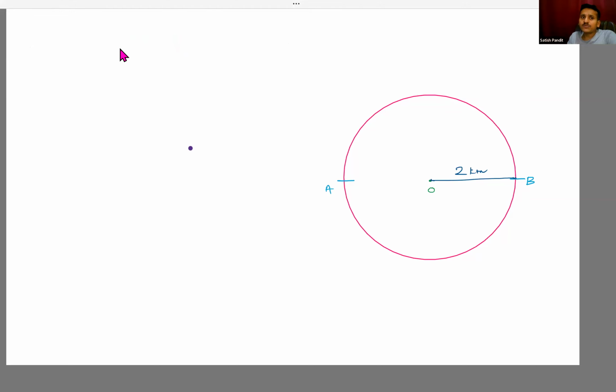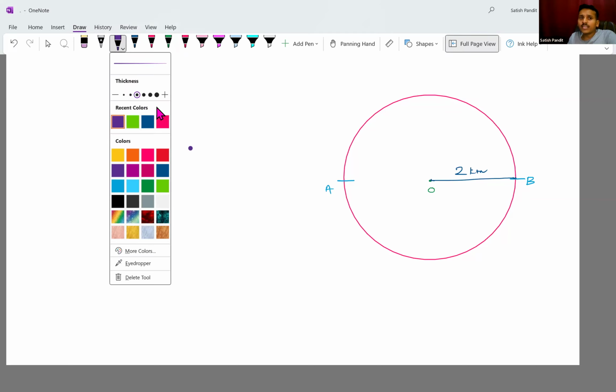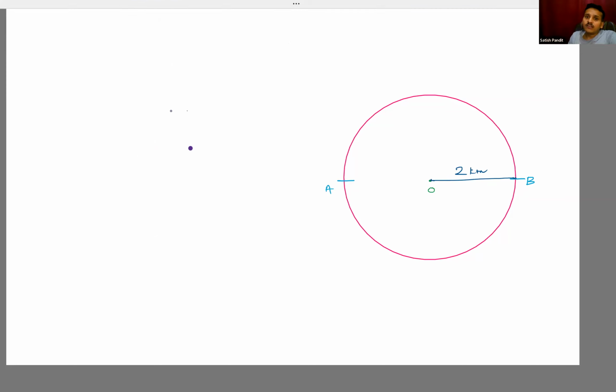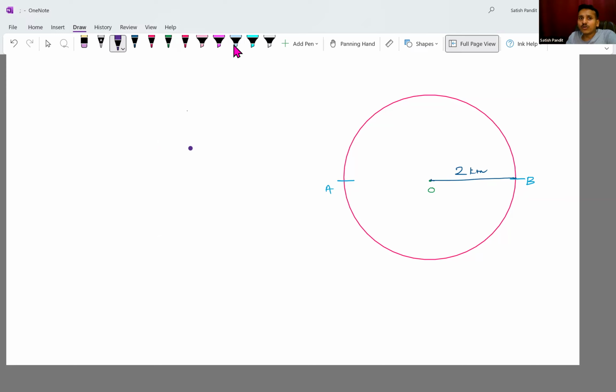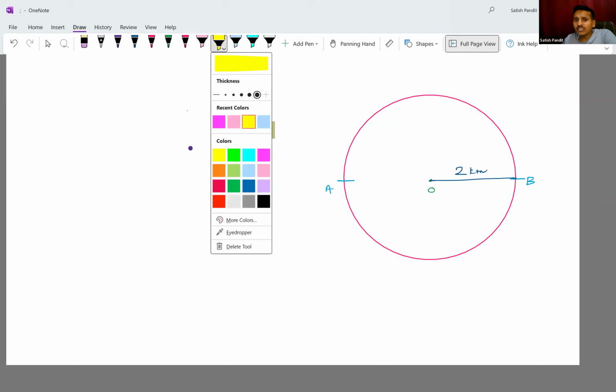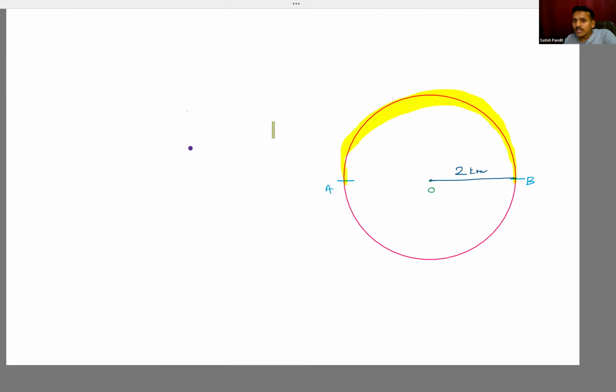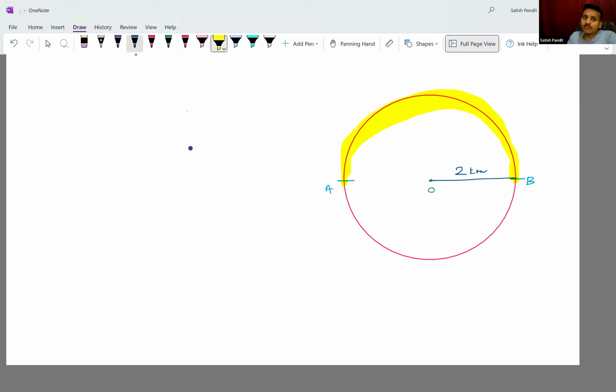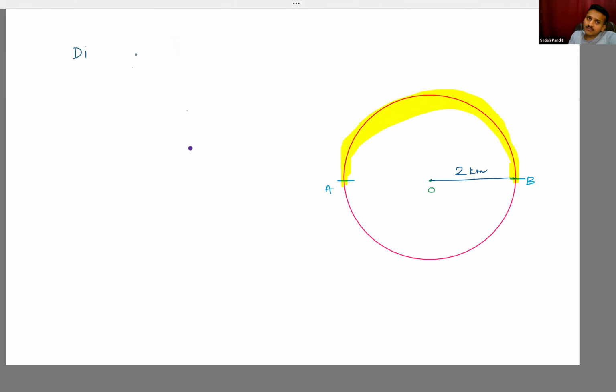When the person is going from A to B, circularly he is going like this. He's starting from A and going like this, like this, like this, and stopping at B. In this motion, can you tell me, just try, what is the distance traveled and what is the displacement?